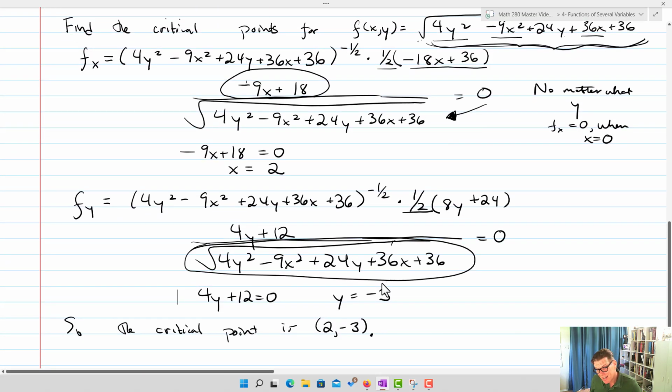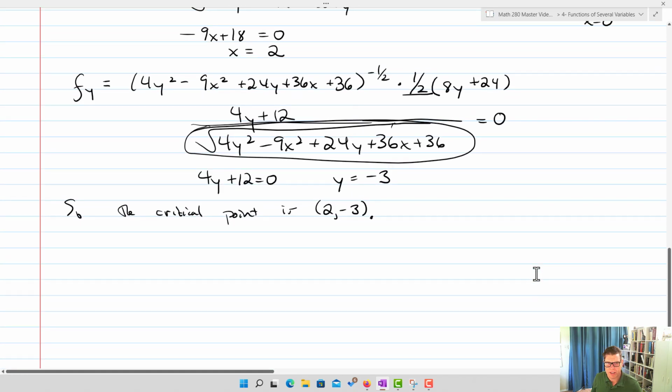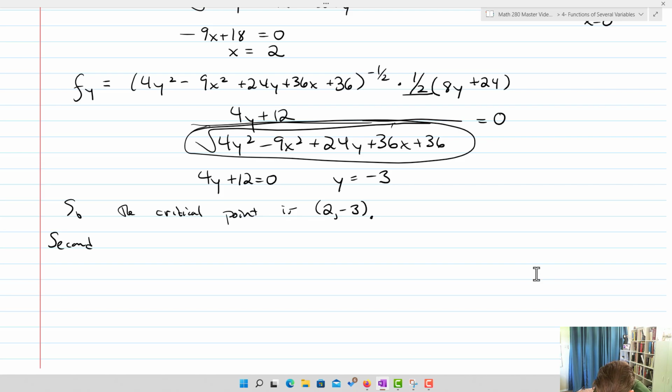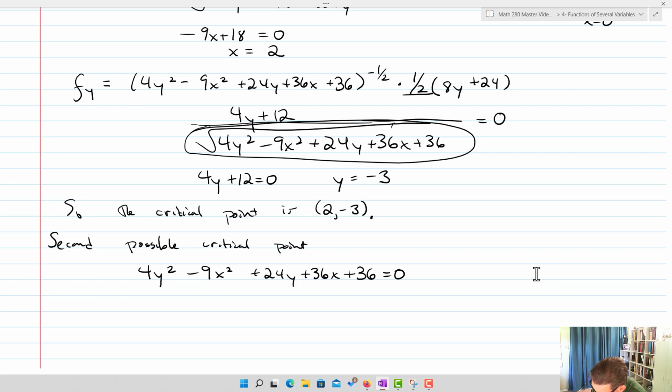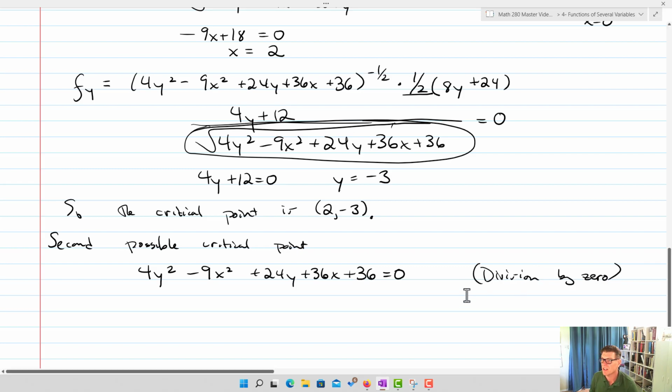If the denominator is 0, the partial does not exist. So our second possible critical points are when 4y squared minus 9x squared plus 24y plus 36x plus 36 equals 0, because that means we're going to get division by 0 in either one of the partials, because it's actually in both of them. All right, so we want to see, can we actually solve that?